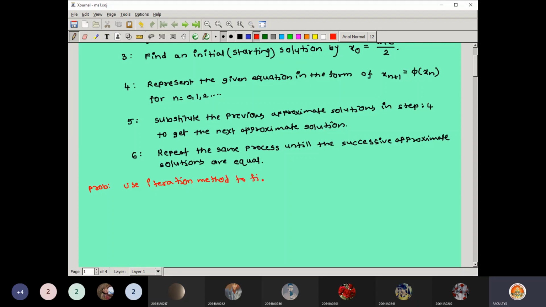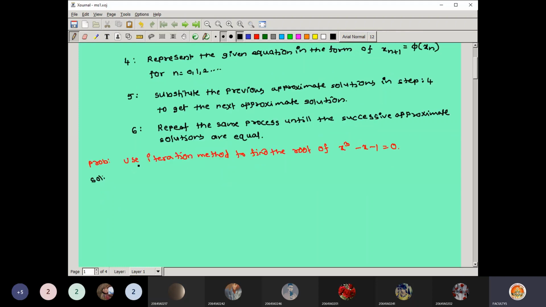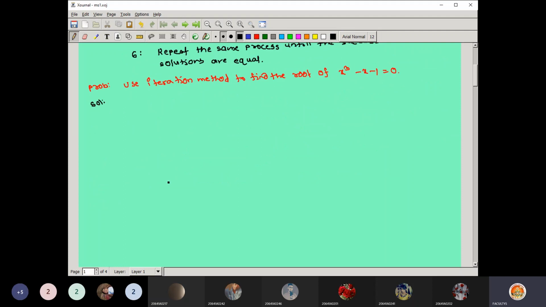Look at the given expression. Is it a transcendental equation or an algebraic equation? Clearly you can say that it is algebraic.